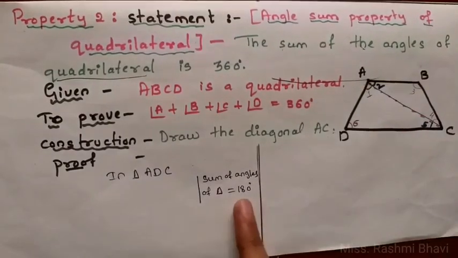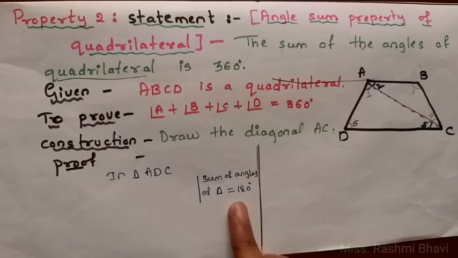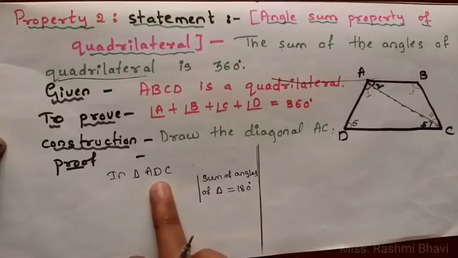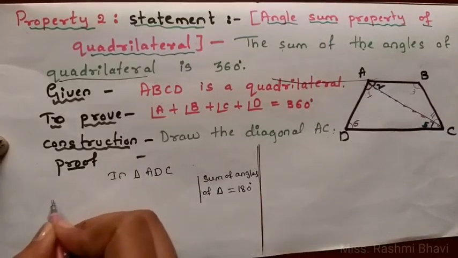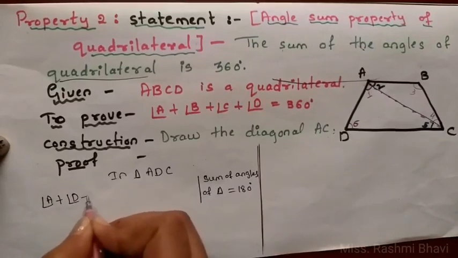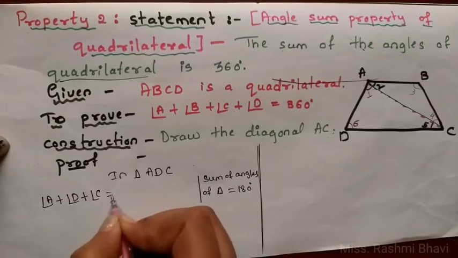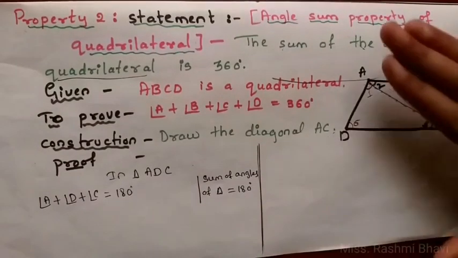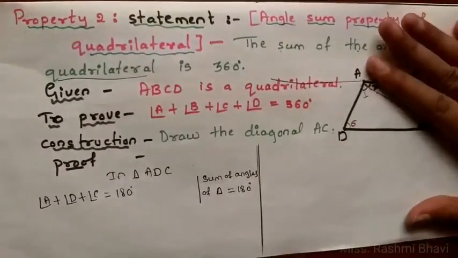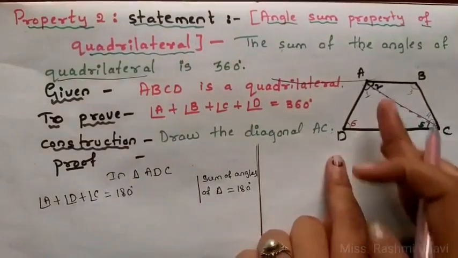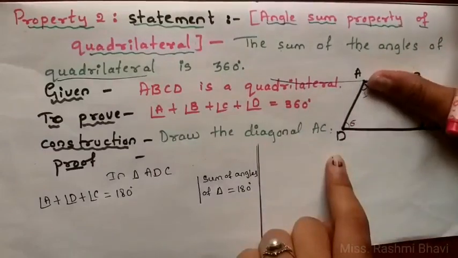I am using this concept, which we just discussed. Here the triangle name is ADC. So how to write the formula here? Angle A plus angle D plus angle C is equal to 180 degrees. So in triangle ADC, just observe this triangle.